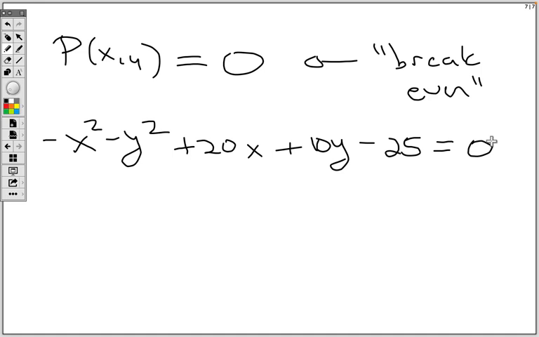So as you look at this and you try to make sense of this, what kind of a conic section do you think this is going to work out to be? And how could we algebraically start manipulating the equation to help us realize what the conic section is?